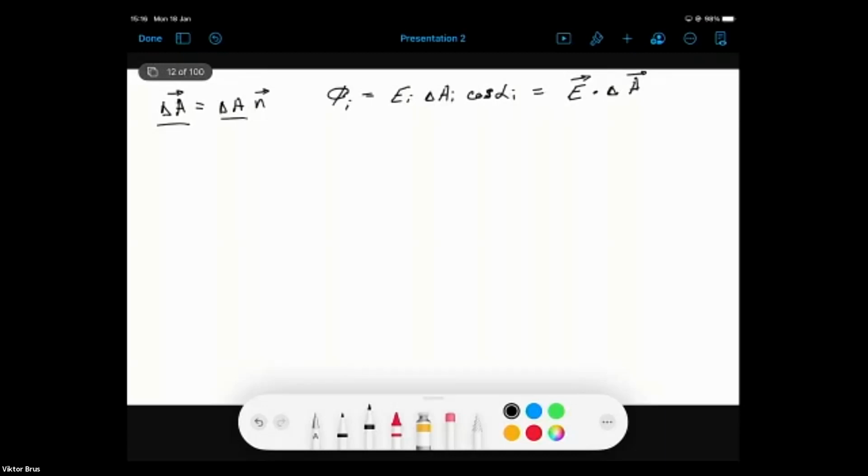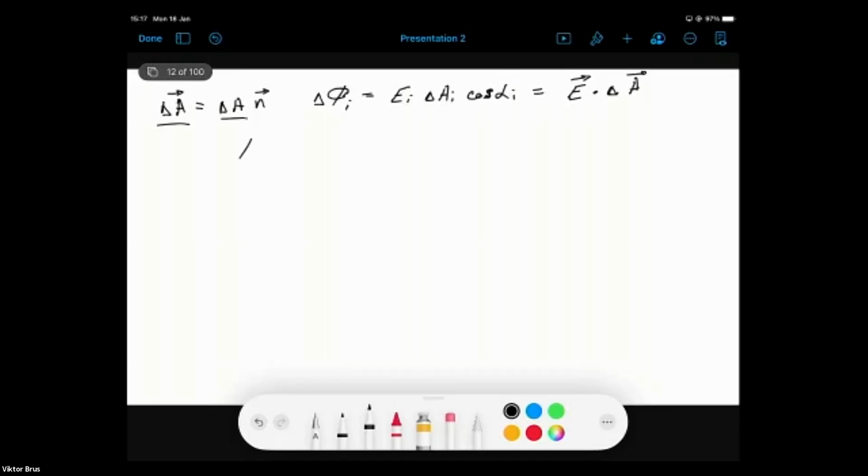So this we keep in mind, and of course we want to calculate the full flux, so we can also put here delta phi i, because it's only a small flux through the small element of the surface, but we want to calculate electric field flux through the whole surface, so we need to sum up these fluxes through small elements which form the whole surface.